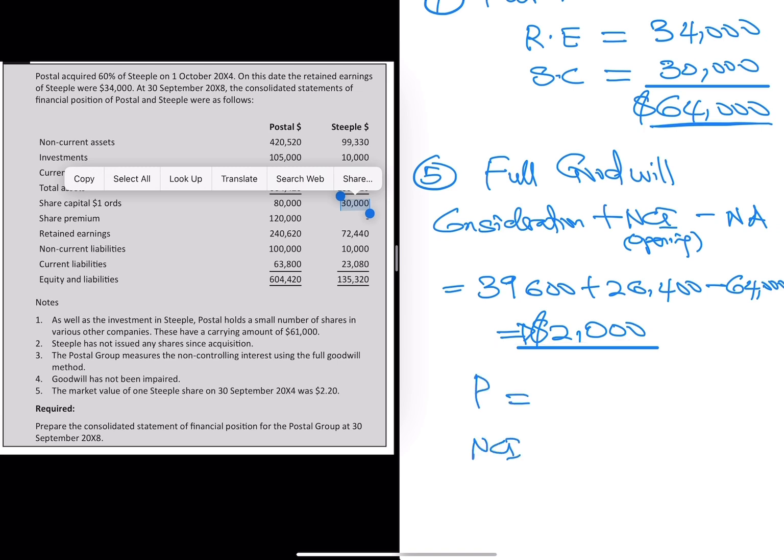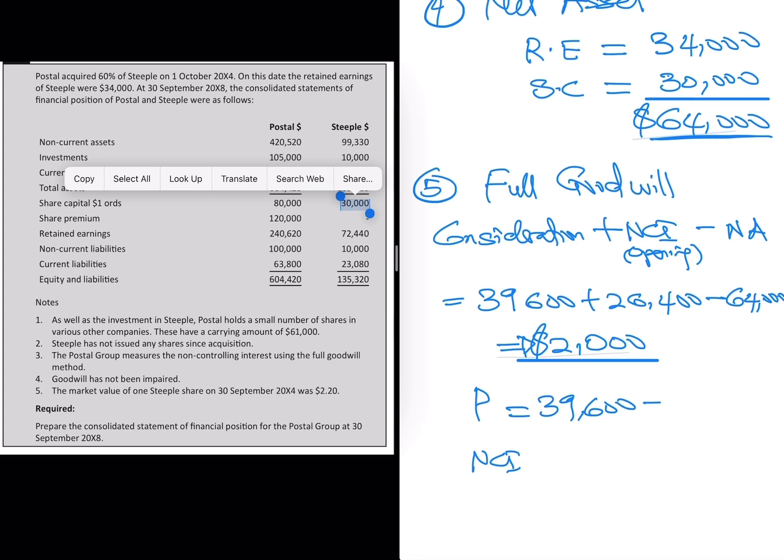So parent goodwill would have been, you paid 39,600 minus net asset of 60% of 64,000. And NCI goodwill would have been fair value at acquisition 26,400 minus 40% of 64,000.